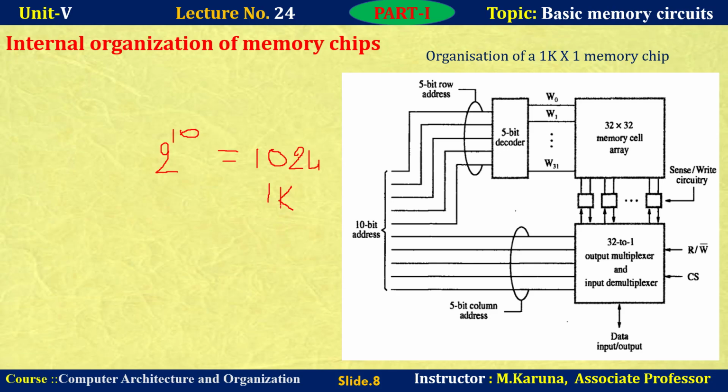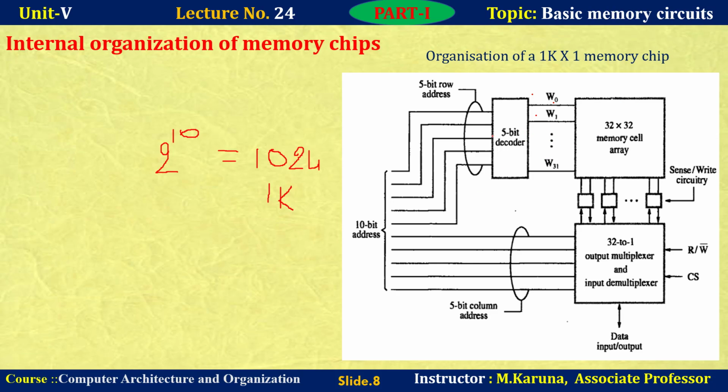That location may contain 1 cell to store 1 bit, or 8 cells to store 8 bits, 16 cells to store 16 bits, or that location contains 32 cells to store 32 bits. Okay, likewise the cells can be organized.